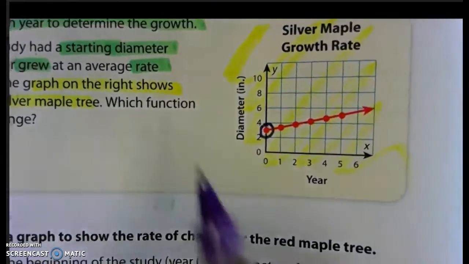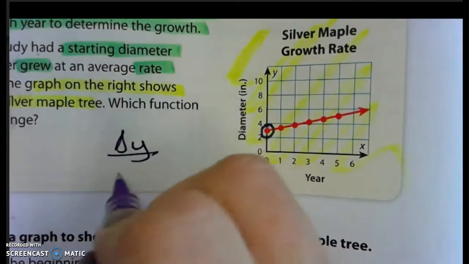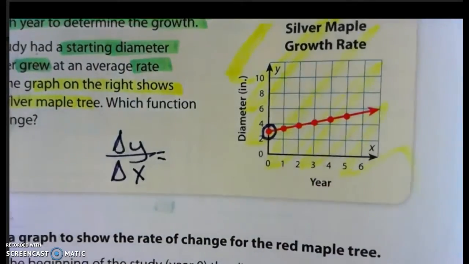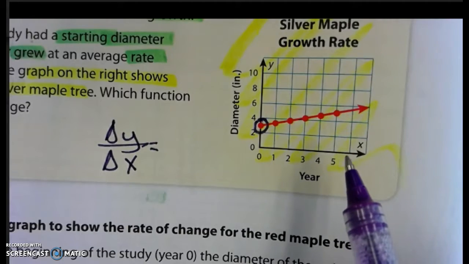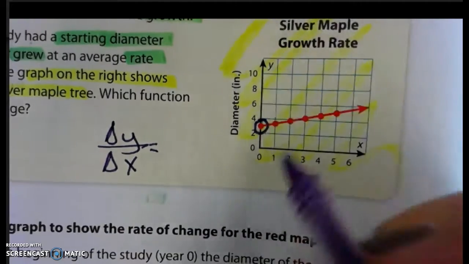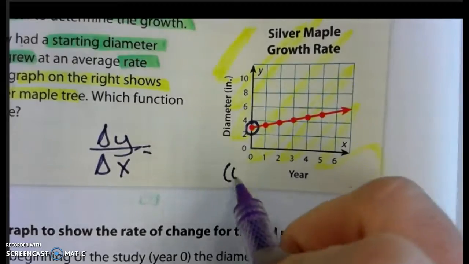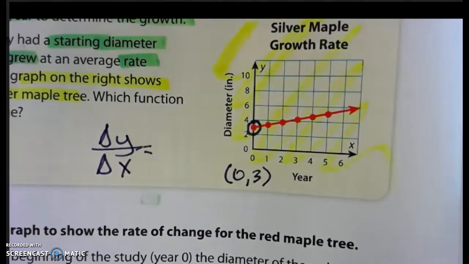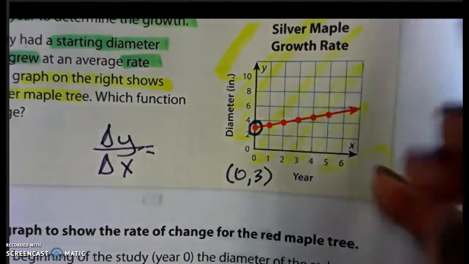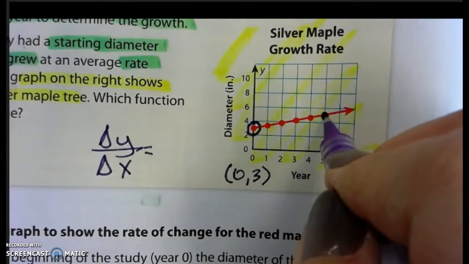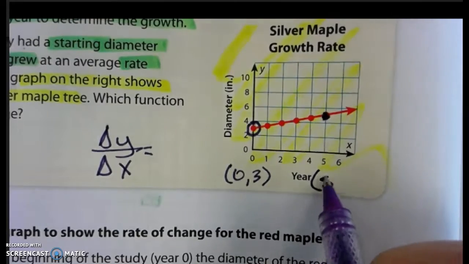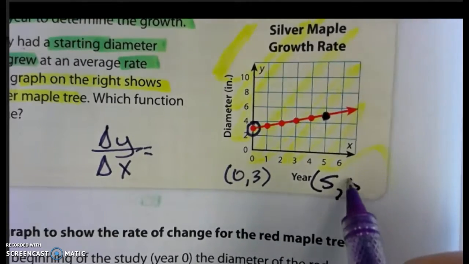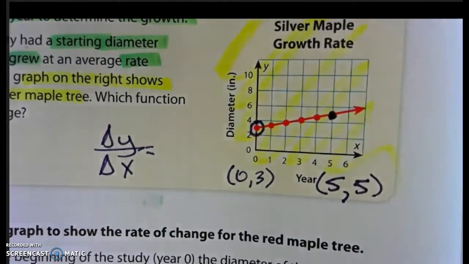We are talking delta y over delta x. Now, you want to pick 2 points that you know the ordered pair for. The first one is easy. We already know it's (0, 3). Now, these are not good points, but this one is exactly halfway between 4 and 6, which would make it 5. So at year 5, it was 5 inches in diameter.